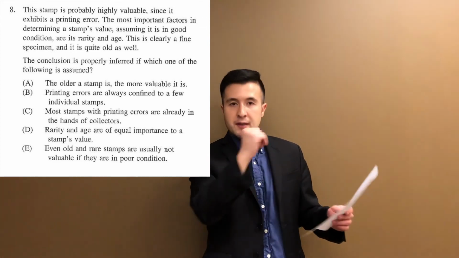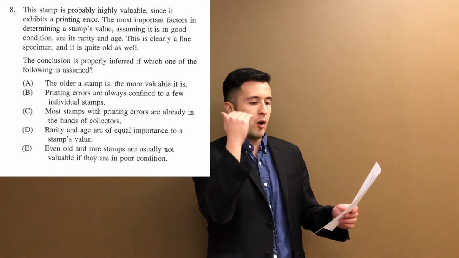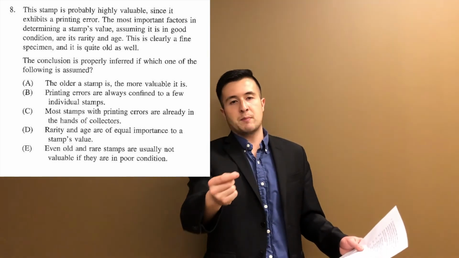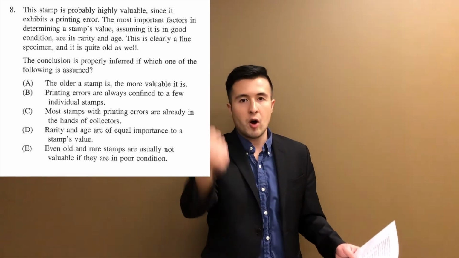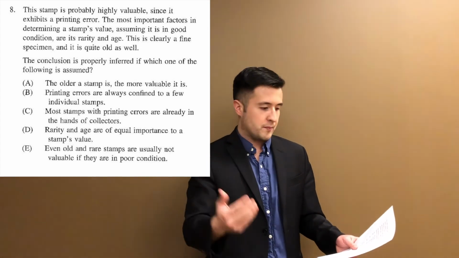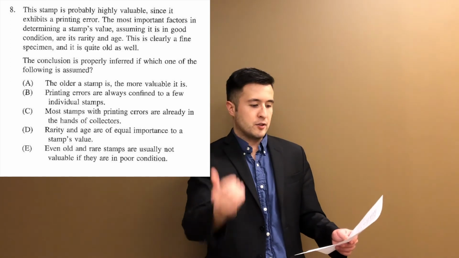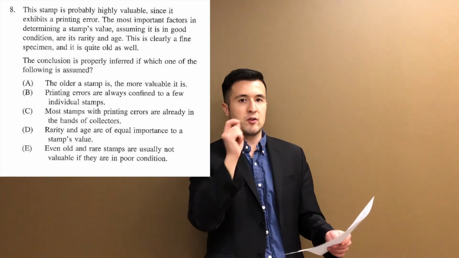So if we look at the answers, the best answer here is B. Printing errors are always confined to a few individual stamps. Now, remember what I said before. We want a statement which is overly broad. A word such as always suggests it's going to be the right answer. Now, if printing errors are always confined to a few individual stamps, we know that a stamp with a printing error is going to be rare.